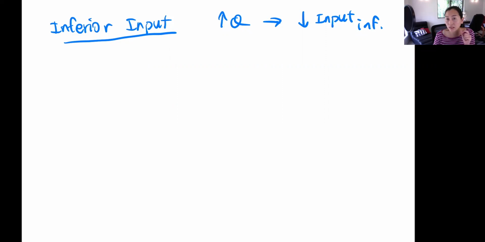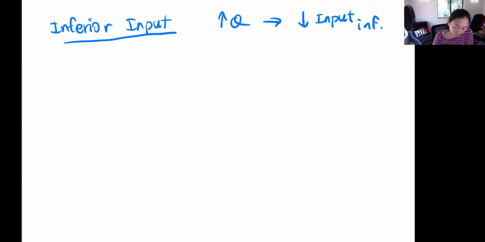By decreasing the inferior input, the producers save money from paying less to the inferior input. Since I increase the output but employ less of the inferior input, my marginal cost of this production will decrease, because I pay less to this inferior input.